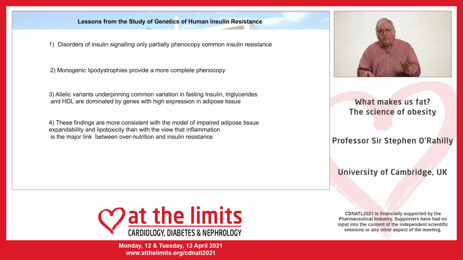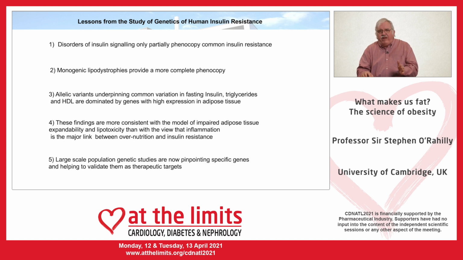And when we look at what's going on there, it's much more consistent with the idea that an inability to expand your adipose mass safely is really the critical determinant of metabolic health, rather than the inflammatory component within adipose tissue. And now we're using large-scale population genetic studies, including exome sequencing, to identify more precisely targets that we can manipulate for health benefits in the long term.